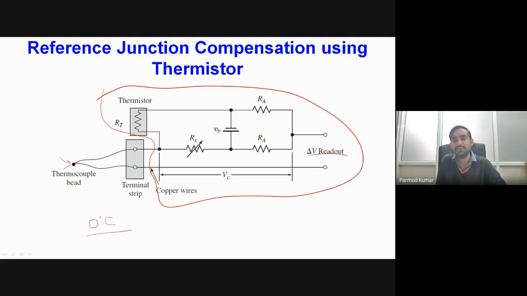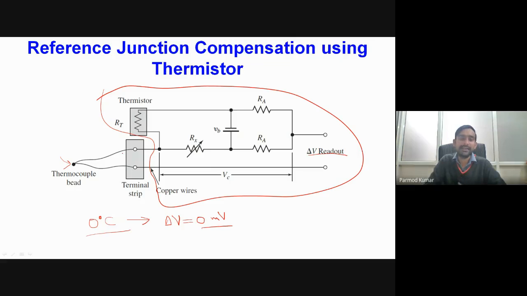While maintaining it at 0 degrees Celsius, we vary the value of this variable resistance Rx and adjust it in such a fashion that corresponding to 0 degrees Celsius, we get a delta V value of 0 millivolts.